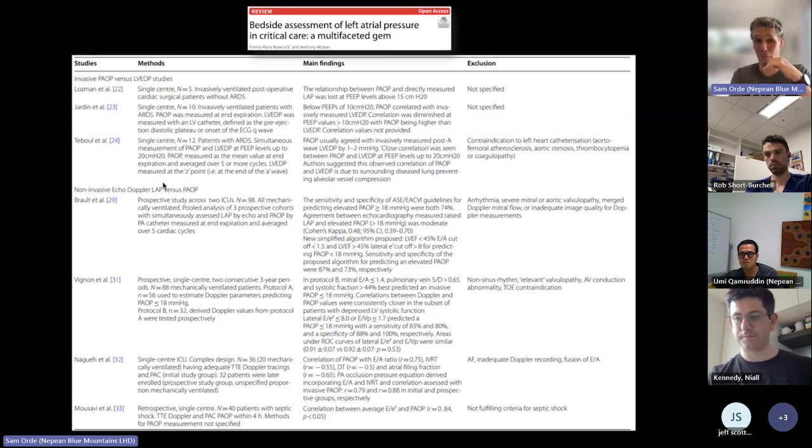When we start to look at our Doppler things versus pulmonary artery occlusion pressure, again, we've got some signs that our Doppler parameters, the diastolic dysfunction parameters that I've just spoken about, are not perfect, as you can imagine, versus pulmonary artery occlusion pressure. And there are multiple reasons for that. First of all, our Doppler estimates are all going to be preload dependent. They're all going to be dependent on people imaging.